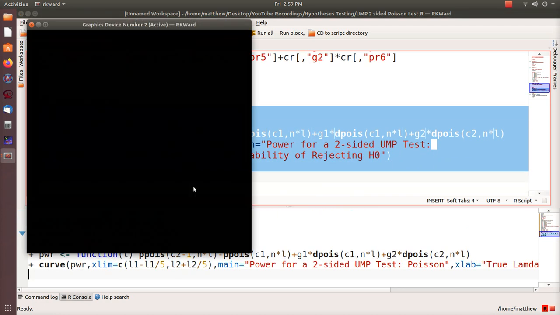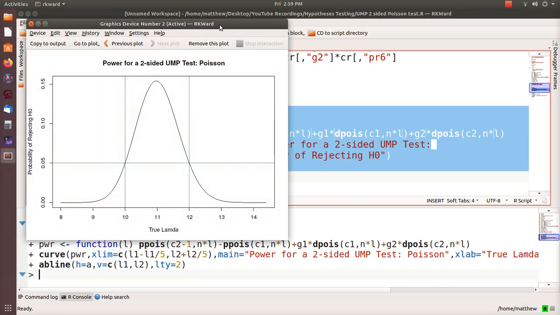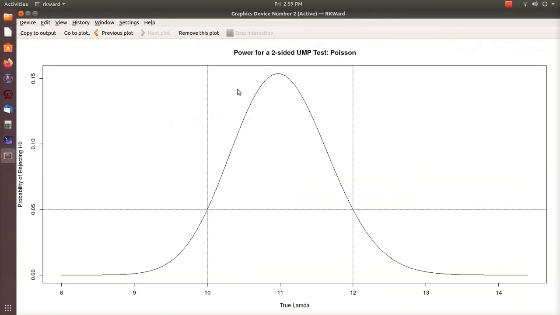So let's look at the power curve for this setting. We use the C1 and C2 values that we just derived, and then we go through all possible lambda values. And this is it. Notice the null hypothesis was less than or equal to 10 or greater than or equal to 12, and the power curve is less than 0.05 in there. So the size of the test, meaning the maximum probability of rejecting, is 0.05, and it's at these boundary points.